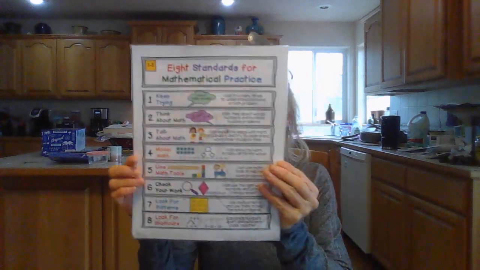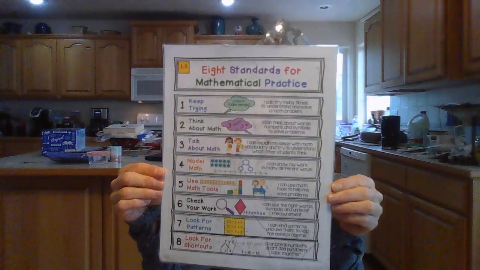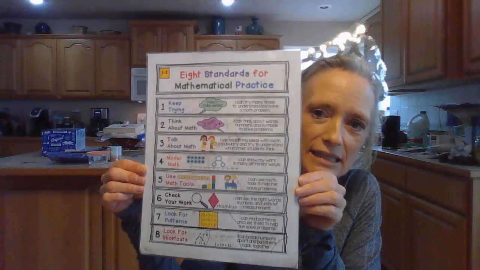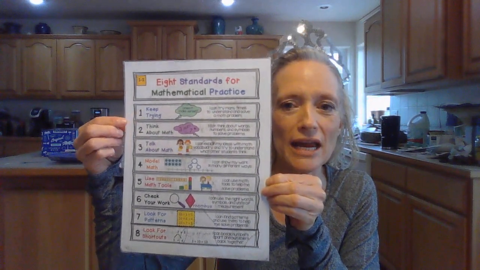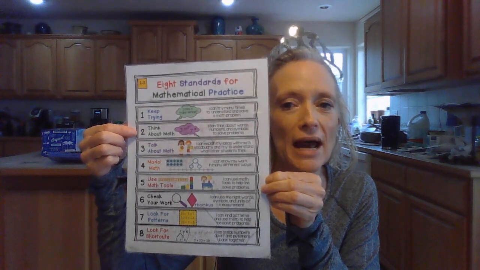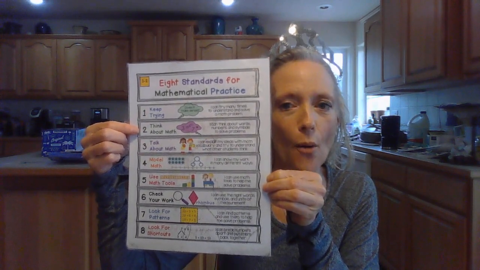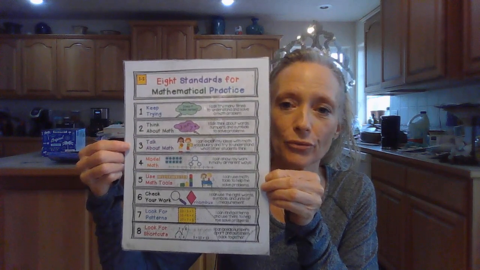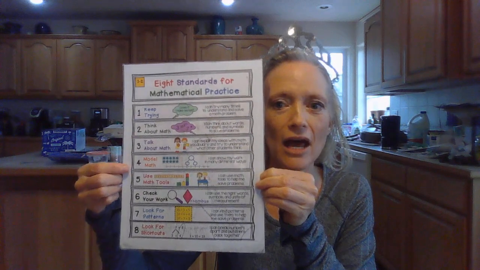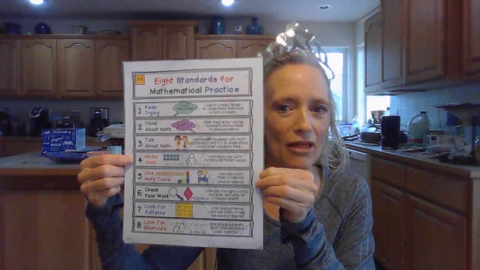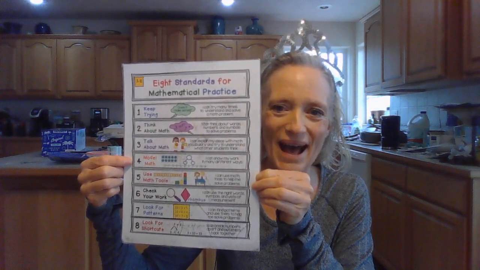Let's go over expectations. We think, act, and talk like a mathematician. And let's quickly review our 8 mathematical practices. Number 1, mathematicians keep trying. Number 2, mathematicians think about math. Number 3, mathematicians talk about math. Number 4, mathematicians model math.